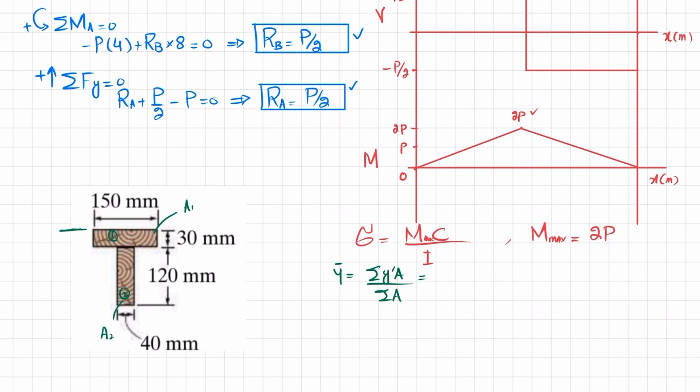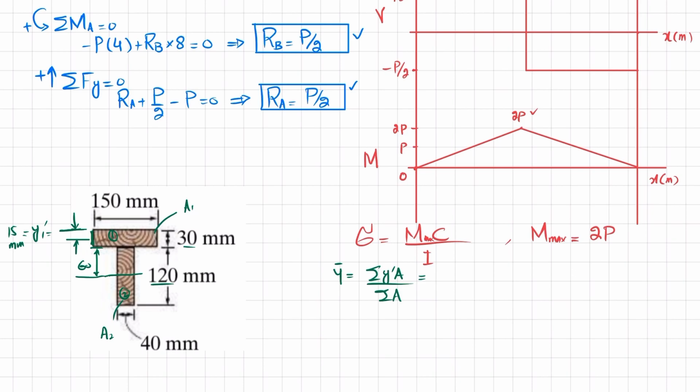So y1 dash is the center point of this line from this base. This will be your y1 dash, and y1 dash will be equal to 30 divided by 2, which is equal to 15 millimeter. Similarly, this 120 divided by 2 will give you 60, plus this distance, which is 30.